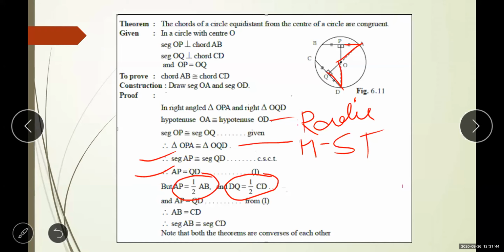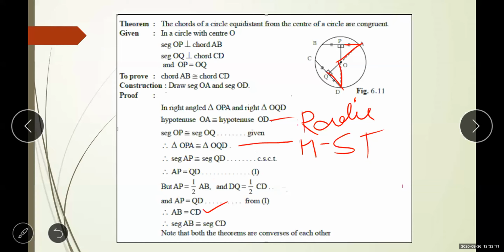As the half is equal, so their double are also equal. That means AB is equal to CD. अगर ये half ही equal है, तो इनका double भी क्या होगा? Equal. So, if AP and QD are equal, then AB and CD are also equal. Okay? AB and CD.